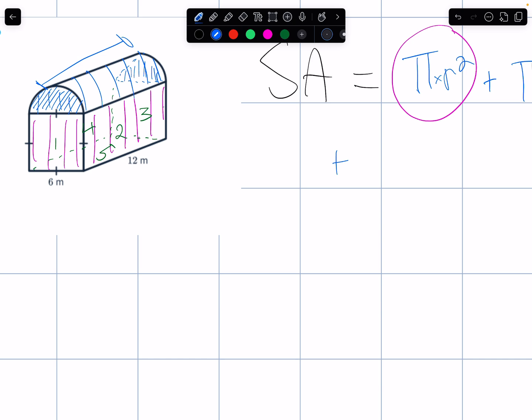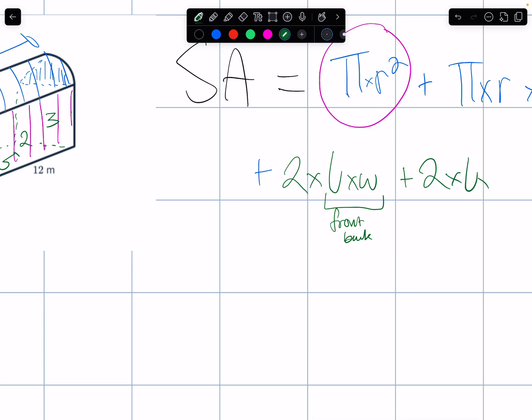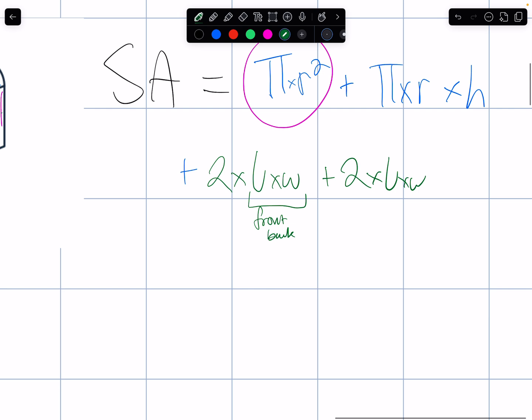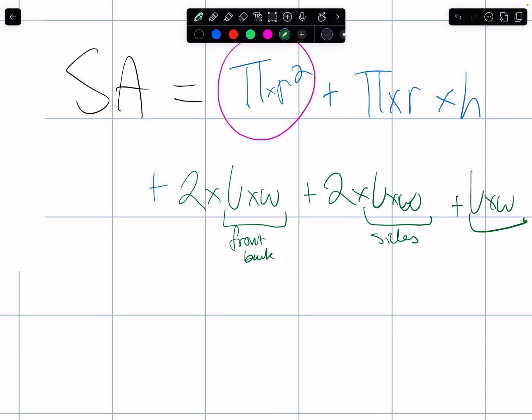So we would have 2 times the length times width of 1 and 3, plus. So let's denote these. Front and back plus 2 times length times width. Now, our sides are the same. See, 2 and 4 are the same. Sides plus length times width of the base.